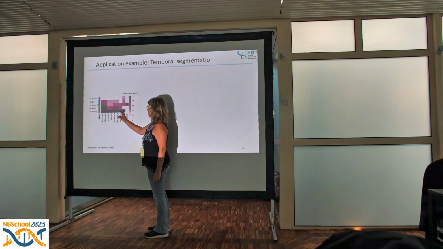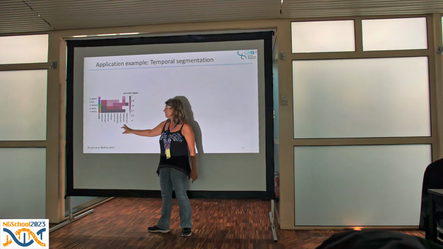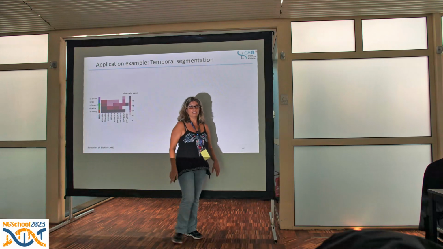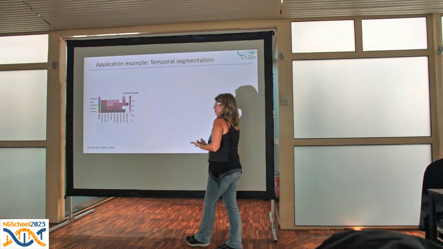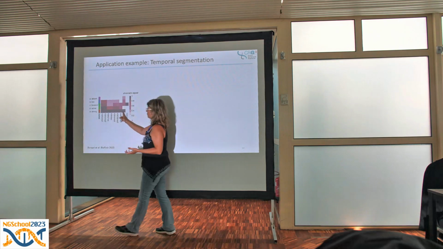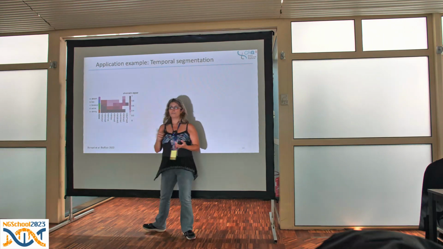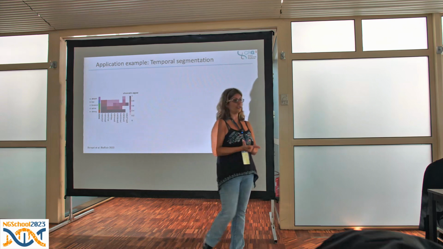Just as a curiosity, I told you that these 2 chromatin marks, K9 trimethylation and K27 trimethylation, are actually repressive marks. They are found in heterochromatin, so in non-active regions. But as you see, our strong state also contains K9 trimethylation.